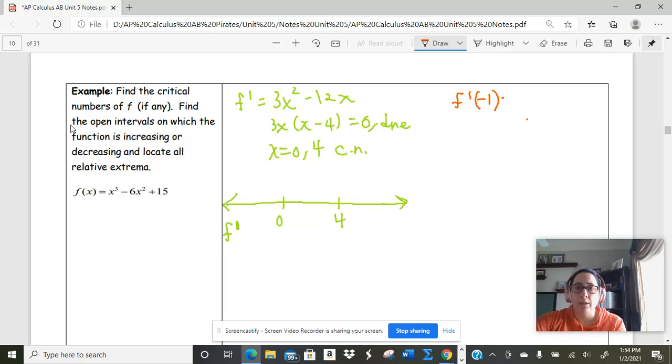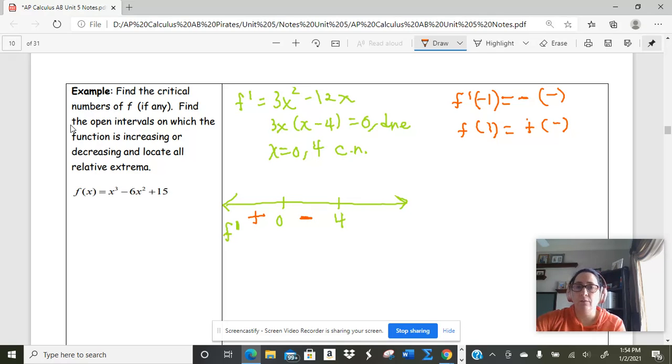So when I plug in -1 here, it would give me a negative times a negative, which is positive. Okay, let's plug in a value between 0 and 4. Well, what's the easiest one? 1. So I'm going to plug in 1 here, I get a positive. Plug in 1 here, and I get a negative. So I can see that this is negative.